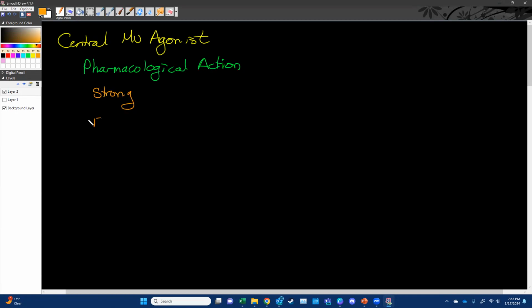So specifically talking about the central mu agonists. The first category that we're going to look at is in terms of their pharmacological action. In other words, we're going to be ranking them based on, are they strong opiates? Are they intermediate opiates? Or are they weak opiates?